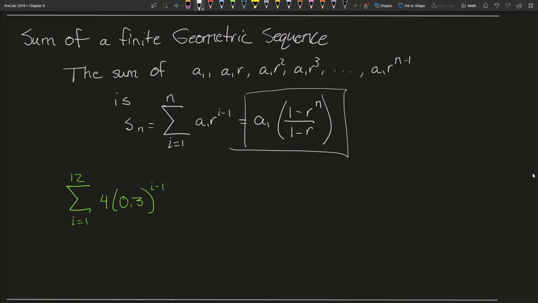The sum from i equals 1 all the way up to n of a geometric sequence is the first term times 1 minus the ratio to the power of n over 1 minus the ratio. Again, this is an equation that we need to know.